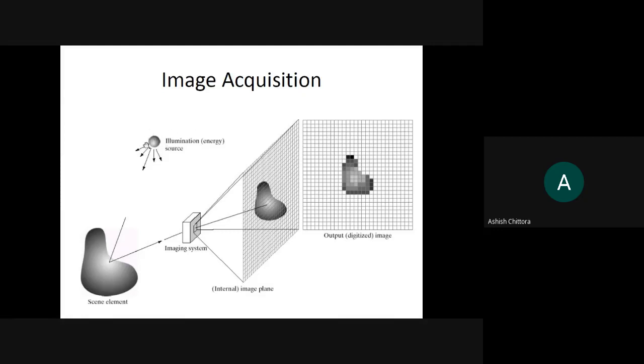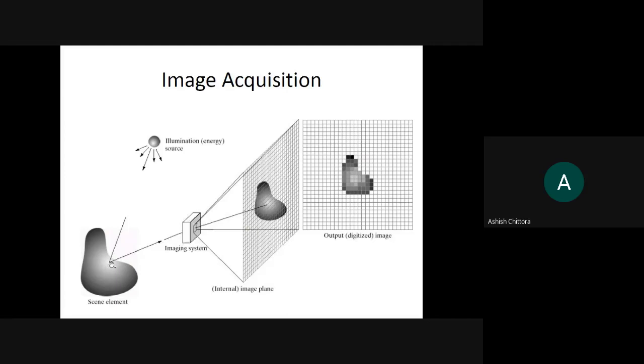The light can be any electromagnetic wave. So this source of illumination can be any electromagnetic source. And the reflected energy of this electromagnetic source is captured through this imaging system. This imaging system can be a camera or some other type of detector.